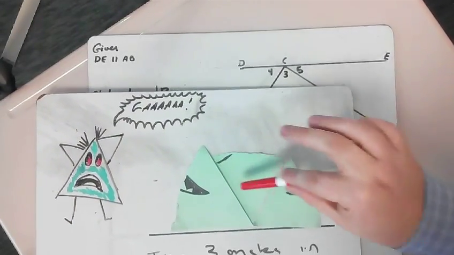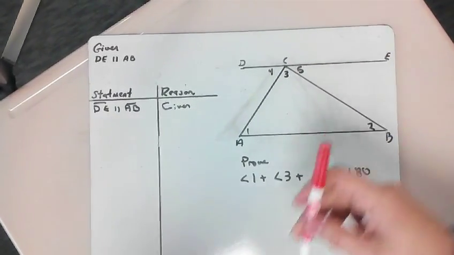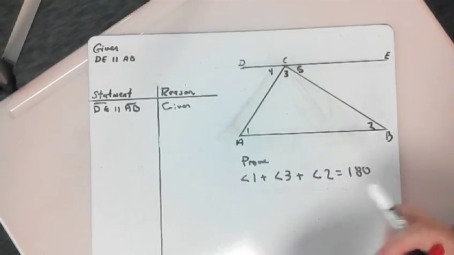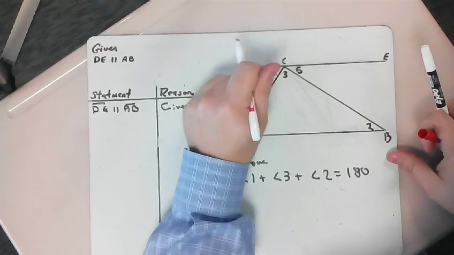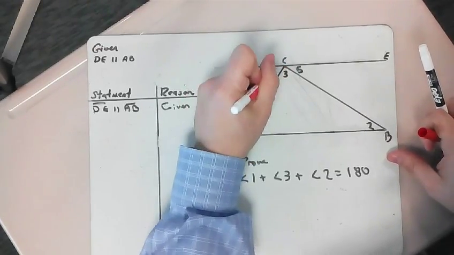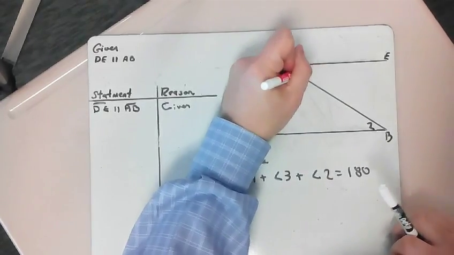Here's our mutilated triangle that lines up with the line, and this is the same thing. So this angle, they're not congruent, so I don't want to mark them off, but this plus that will all equal 180 degrees.